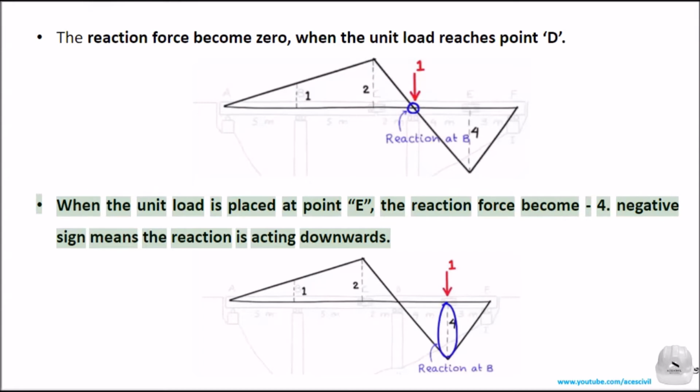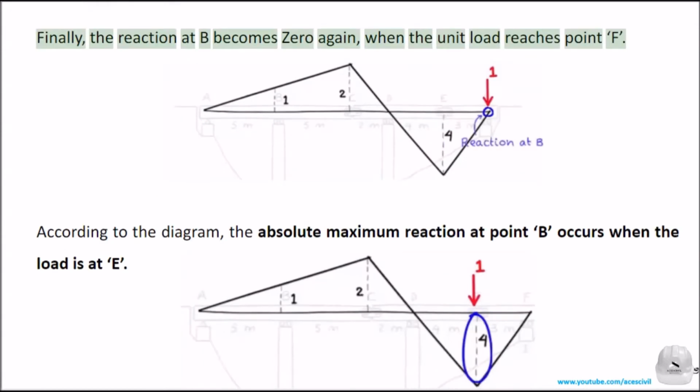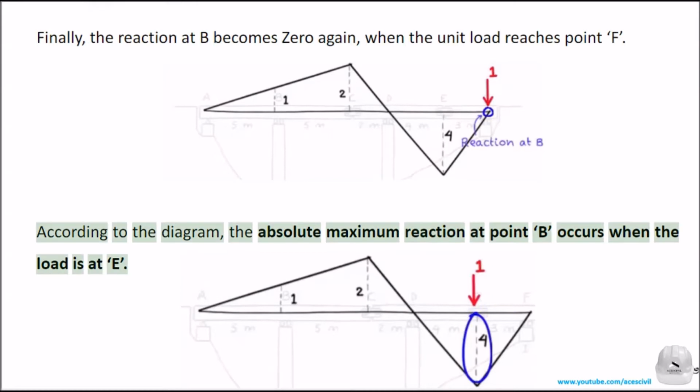Negative sign means the reaction is acting downwards. Finally, the reaction at B becomes 0 again when the unit load reaches point F. According to the diagram, the absolute maximum reaction at point B occurs when the load is at E.